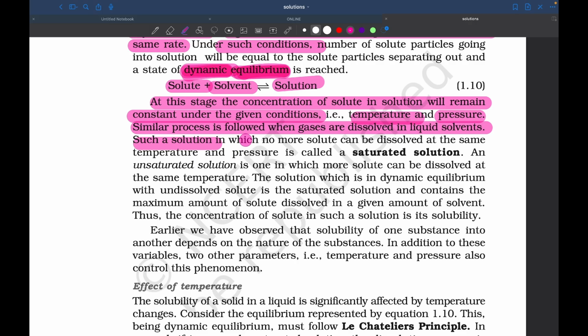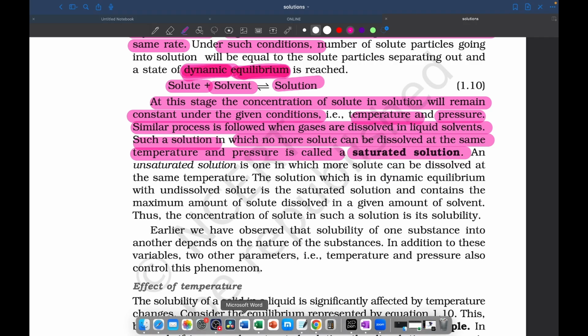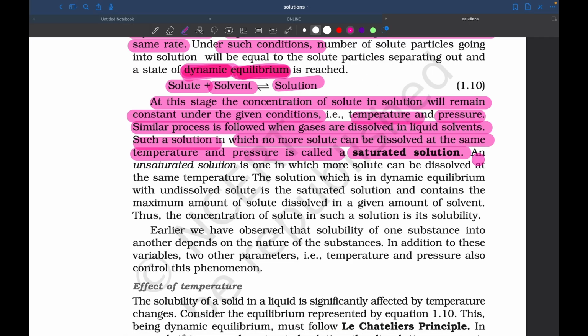Such a solution in which no more solute can be dissolved at the same temperature and pressure is called a saturated solution. A saturated solution is one which contains the maximum amount of solute dissolved in it at the same temperature and pressure.